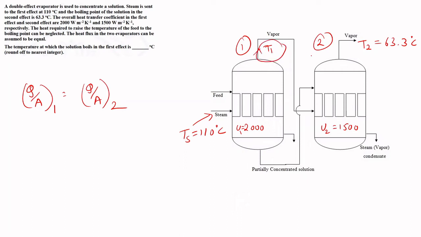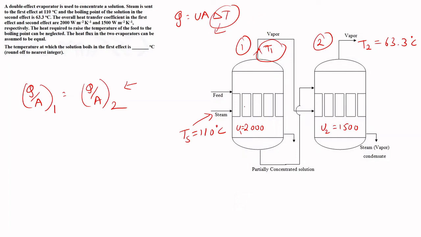So we will write the heat balance across these two evaporators using this information that has already been provided. Based on the overall heat transfer coefficient, we can write Q as U A delta T, where delta T will be my inlet minus outlet temperature.